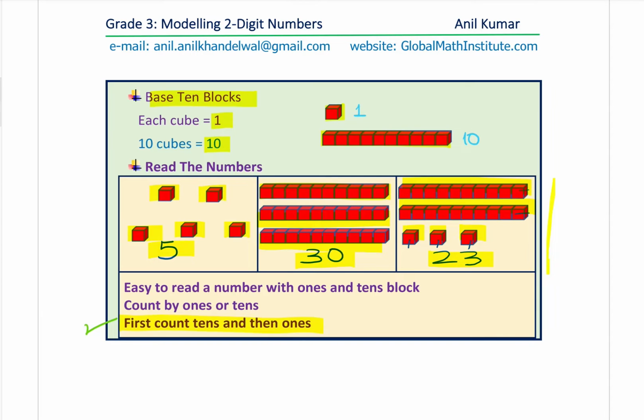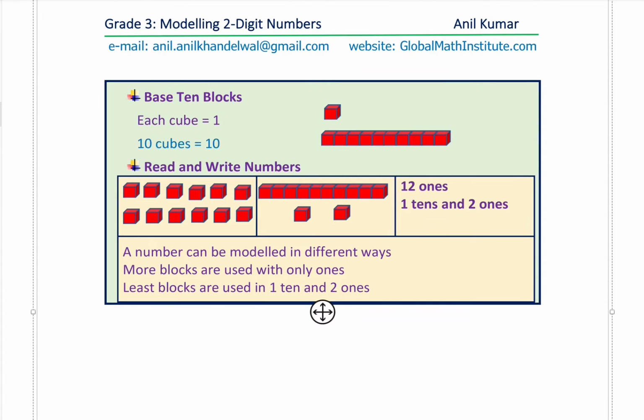So let's move on and see again how we can count, right? Help me this time. Base 10 blocks once again. Each cube is 1, but a block of 10 cubes is 10. So the number here is 1, but the number here is 10 since it is a block of 10 cubes.